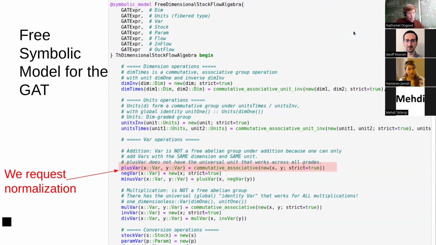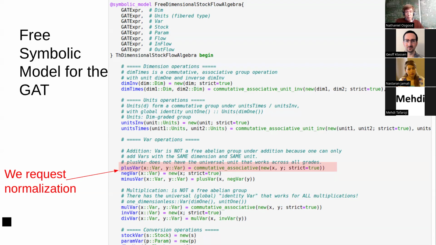Now, here's the deal. Because we're building up these symbols, these expressions, we have to be conscious that we may have two expressions which we know sensibly have the same meaning, but which interpreted textually, like we look at the text, may not be the same, right?